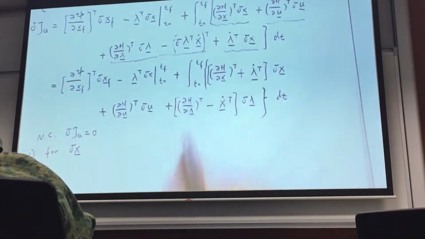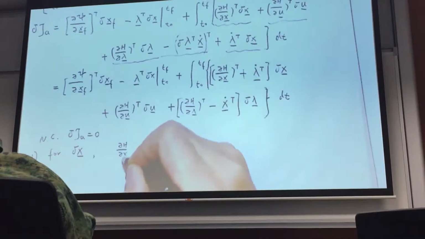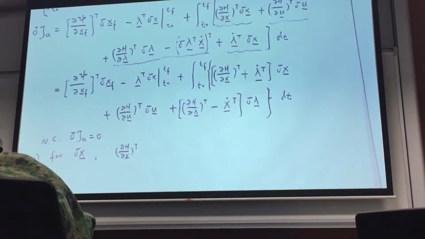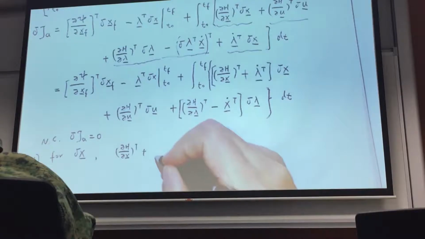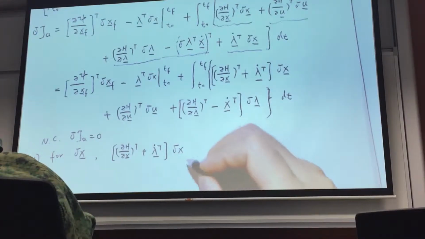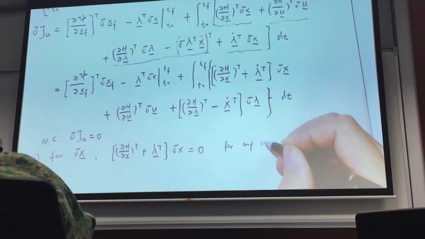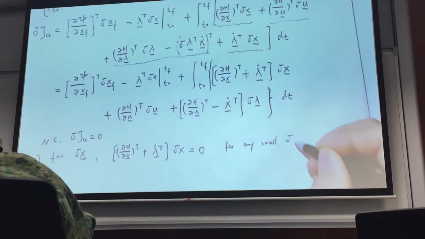So for this one, we want dh/dx transpose plus lambda dot transpose, multiplied by delta x, equal to 0 for any small perturbation delta x. Then this must be equal to 0.